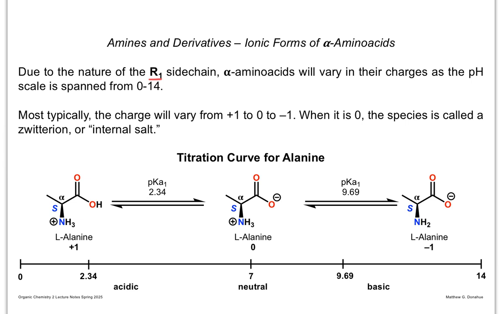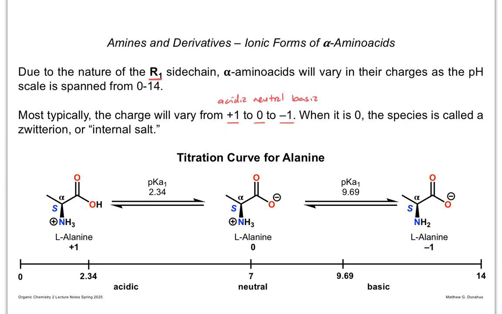Most typically the charge will vary from +1 to 0 to -1. So you can make the association of acidic to neutral to basic when we're going through this acid-base titration curve.